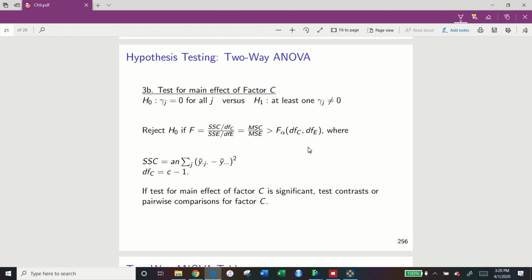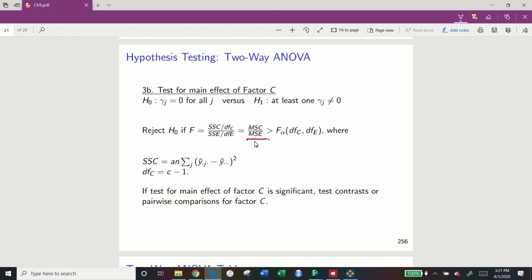We will reject our null hypothesis if F, equal to our mean squared for factor C over our mean squared error, is greater than F alpha for degrees of freedom for factor C, comma, degrees of freedom for error, where our sum of squares for factor C is a times n times the summation over j of the quantity y dot j dot bar minus our overall grand mean, quantity squared, and degrees of freedom for our factor C is c minus 1.